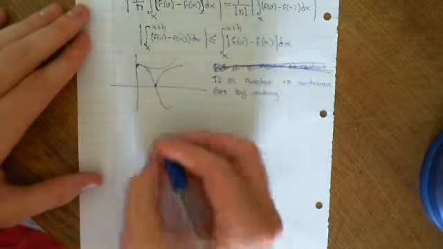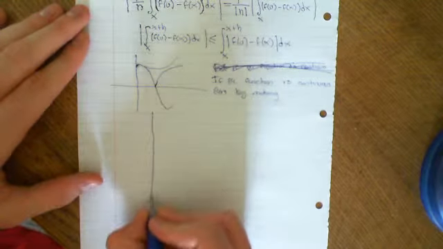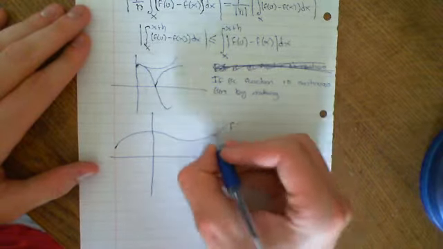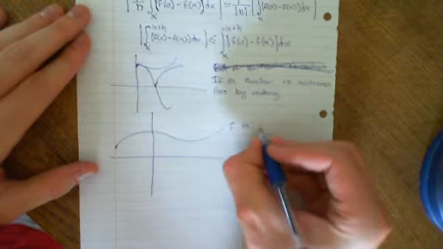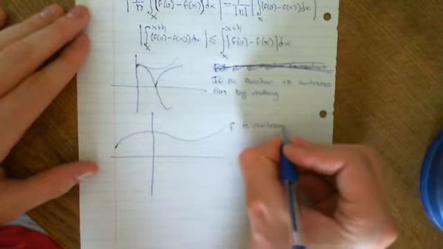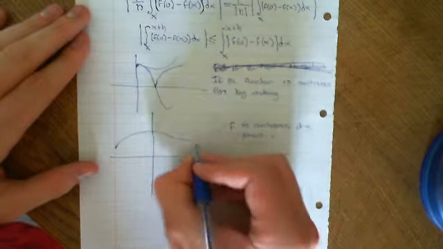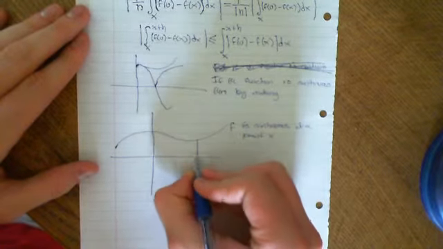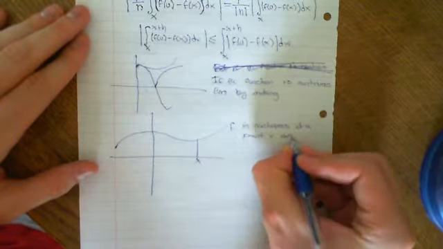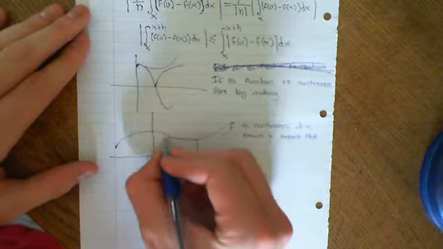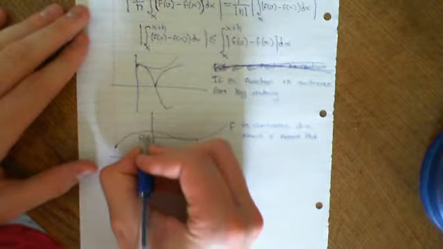Okay, so what's the definition of continuity? Given a function f, it is continuous at a point x. So this is our point x, and it has a value f of x.